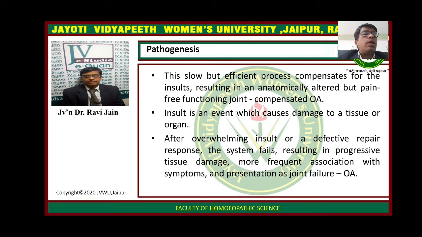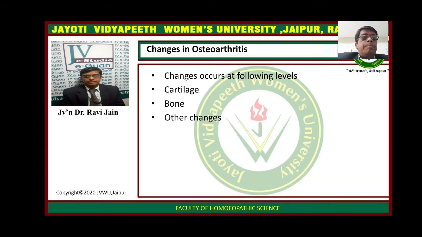This is an event that causes damage to the tissues and the organs. After overwhelming insults or a defective repair response, the system fails, resulting in progressive tissue damage, and it is more frequently associated with symptoms and presentations as joint failure or osteoarthritis.